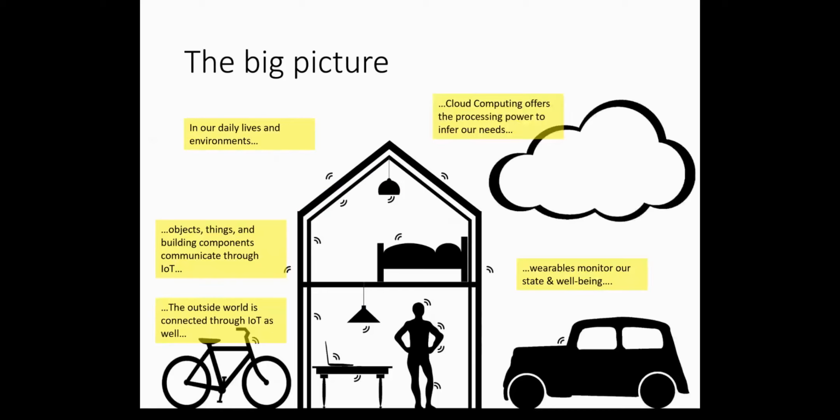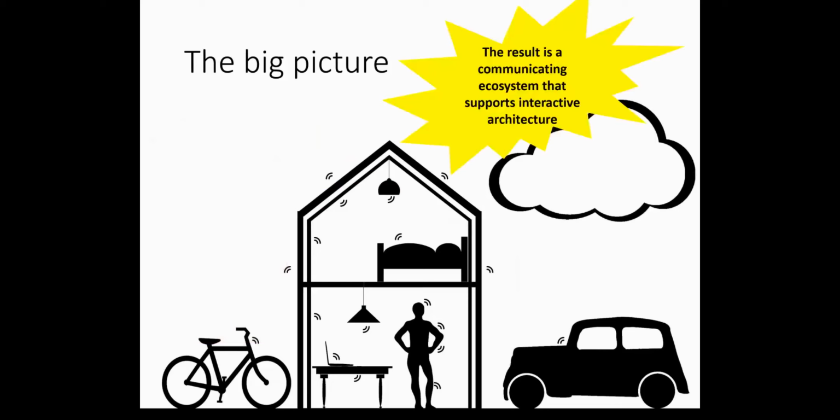All this data goes to the cloud, which then has the additional intelligence and processing power to infer our condition, the context that we are living in. It can think about, okay, what are we needing at the moment? And all of that together basically results in a communicating ecosystem that can actually form the backbone of interactive architecture.